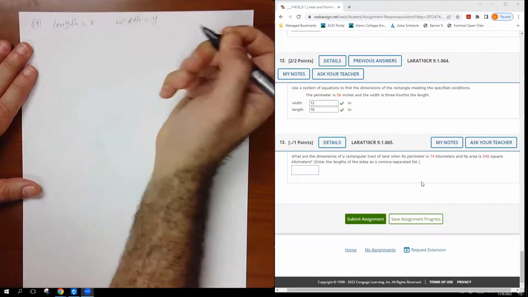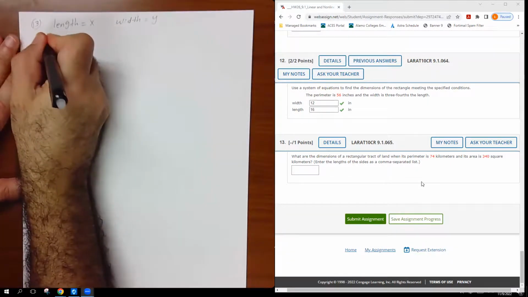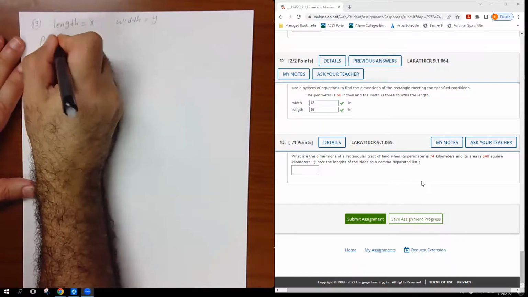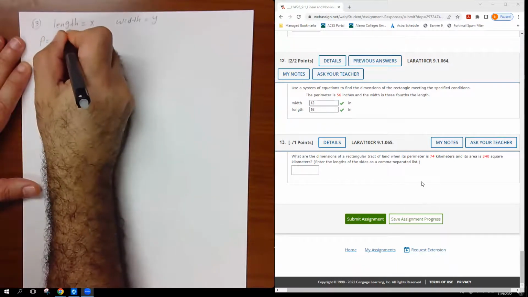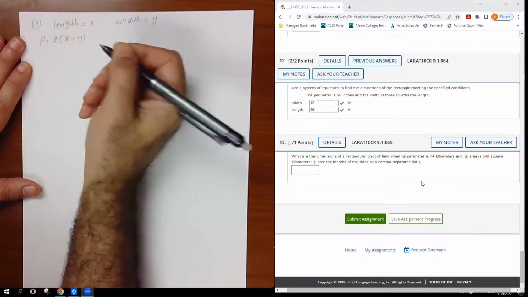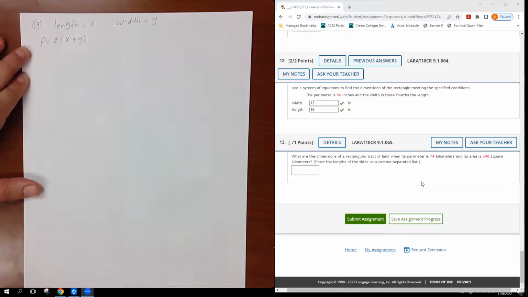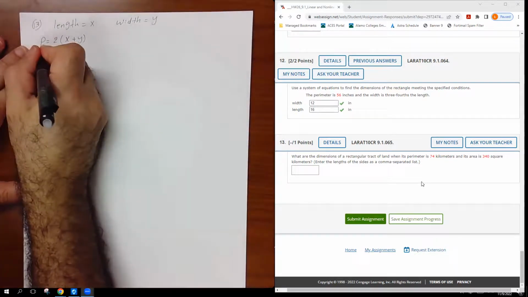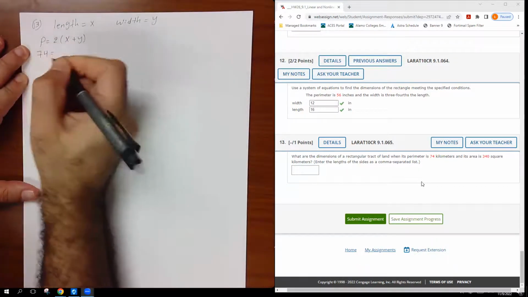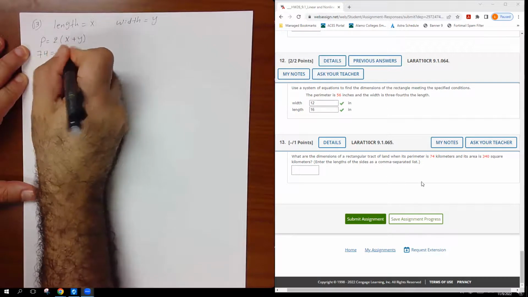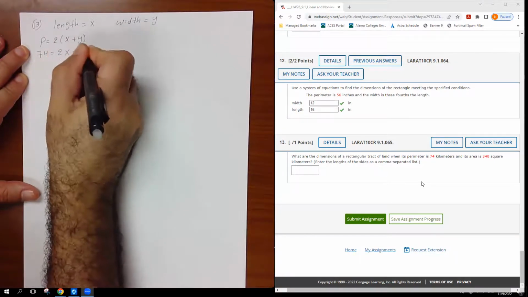So the perimeter equals length plus width. So that means our perimeter is 74. So 74 is going to be equal to 2x plus 2y.